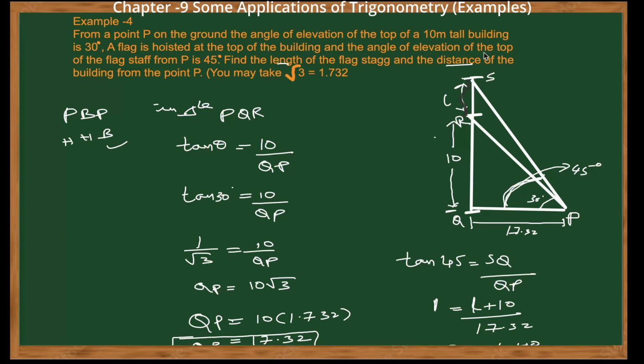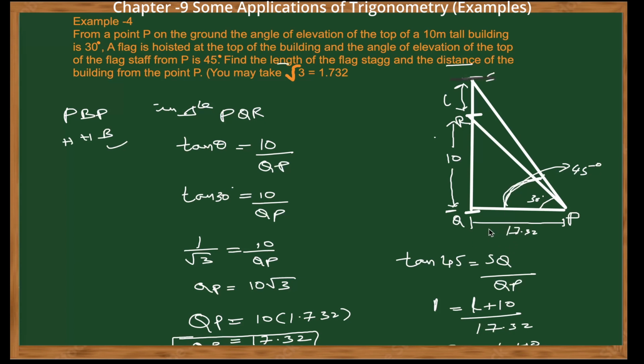And the angle of elevation of the top of the flagstaff from P is another angle, because the distance has increased. As you can see, it is 45 degree. So the angle increased to 45 degree. They're asking us to find the length of this hoisted flagstaff.